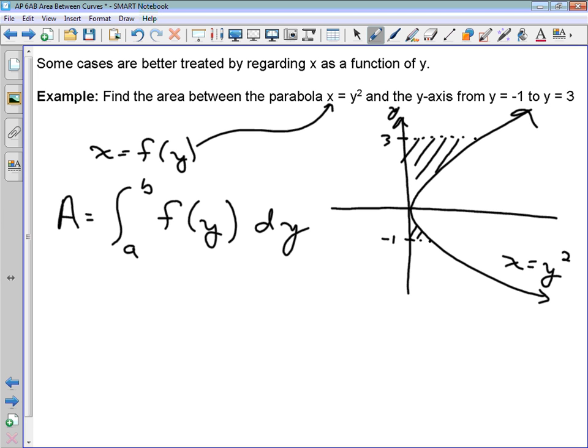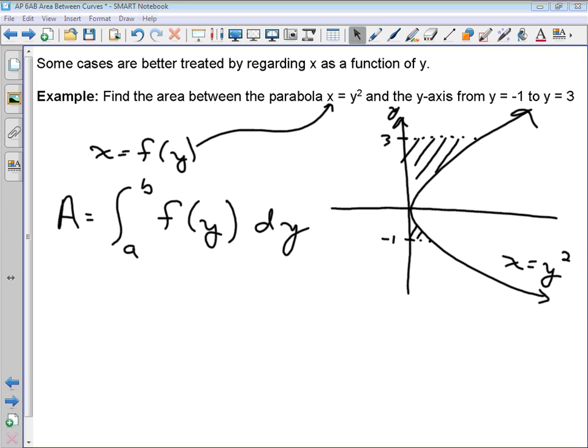Now, one thing we have to consider is if we want the area between the curve and the axis, do we need to worry about taking the absolute values in this case, like we did in the previous example? What do we think? Because all of our areas are just on one side of the y-axis, we don't have to worry about taking the absolute value.